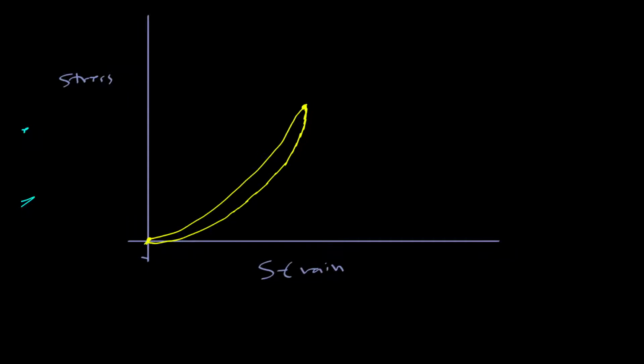Back to like unstretched. So on the way up, we're stretching and we're going up a curve like this. And on the way down, we're going down like this. This is a phenomenon called hysteresis. Greek word. Hysteresis.